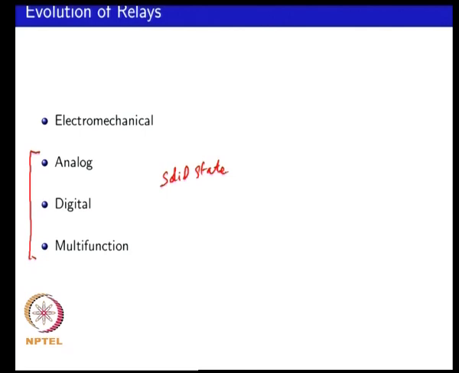You could have programmable relays, and of late the processors have become more and more powerful. So, you do not need multiple processors, one for each relay functionality. You could have many functions accomplished within a single processor, and so you now have multifunctional relays, which are programmable relays.